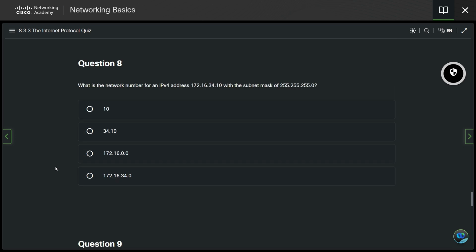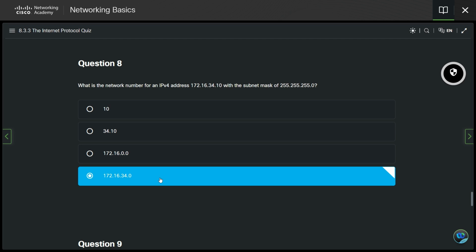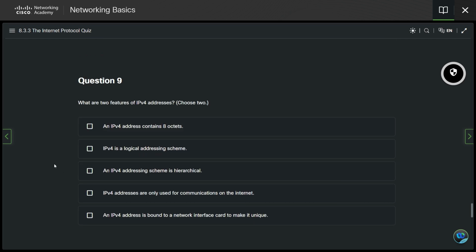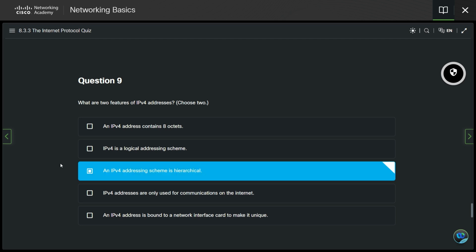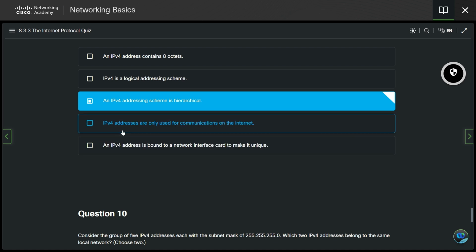Question 8: What is the network number for an IPv4 address with the subnet mask? Is this 172.17.4? Question 9: What are two features of IPv4 addresses? IPv4 addresses contain 8 octets. IPv4 is a logical addressing scheme. An IPv4 addressing scheme is hierarchical, and IPv4 addresses are only used for communicating on the internet.